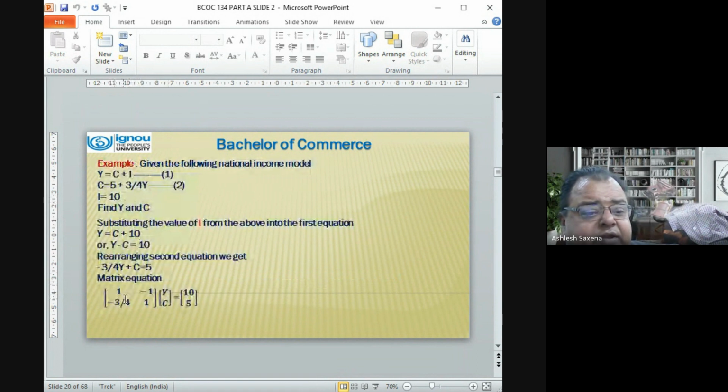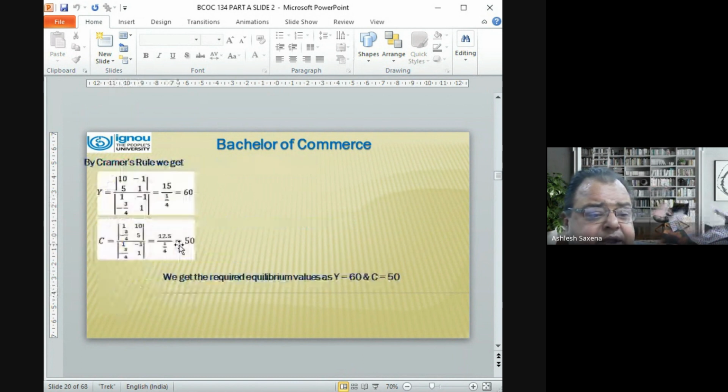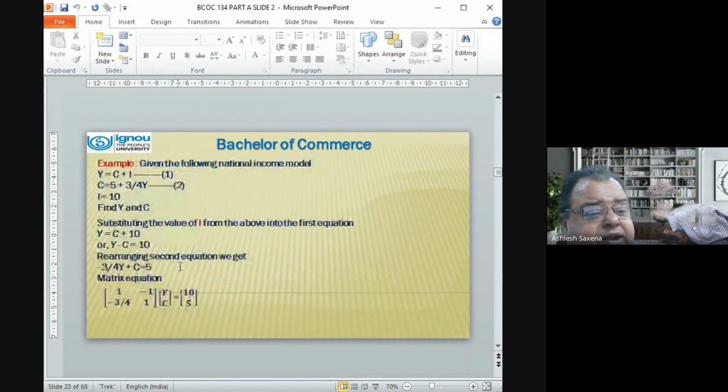For Y, I will be replacing these two numbers by 10 and 5. You can see this column will be replaced by 10 and 5. This will remain the same. No change will be there. And in the denominator, it will be 1 minus 3 by 4.